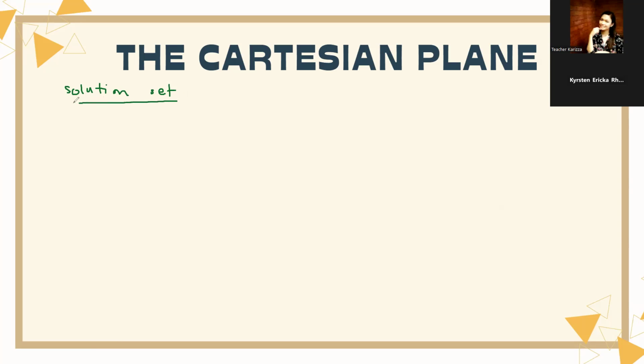But for the most part, we use solution set for intersecting lines. In other words, if we have two lines, they intersect. Kasi for intersecting lines, this is for linear equations lang. They will intersect here and we need to solve this. This is referred to as solution set.